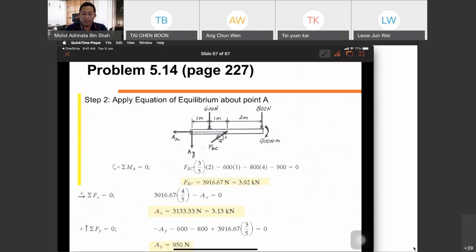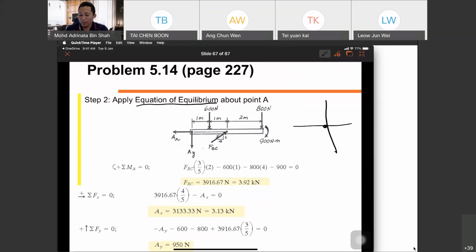Next, you draw your free body diagram, and then you write your equation of equilibrium. So this is the third one, free body diagram, next equation of equilibrium. For the moment, we can find the point with the most forces. That point must have the most forces passing through it.